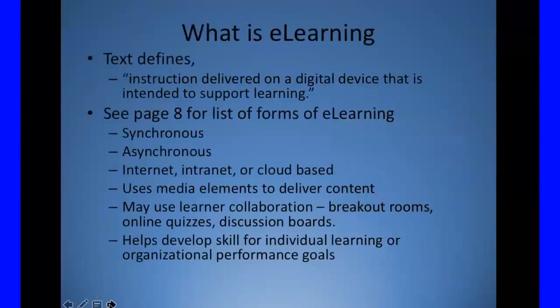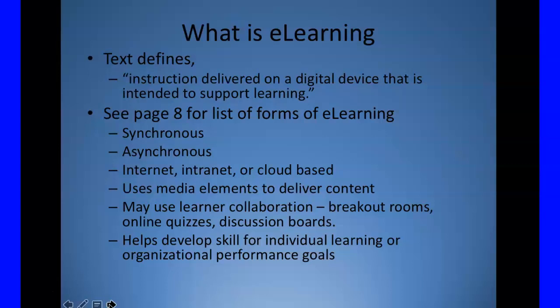So what is e-learning? Our text defines this as instruction that's delivered on a digital device that is intended to support learning. So if you look on page 8 of the text, you'll see that they list a lot of different things that e-learning should do and things that we will examine. E-learning can be synchronous, asynchronous, it can be a blended class, it can use the internet, it can be professional training you receive on the job, which might use the intranet or be cloud-based.